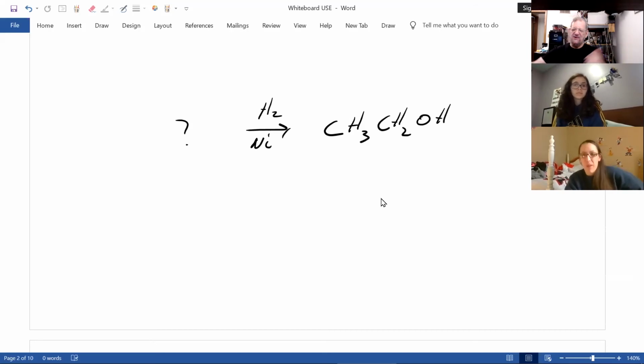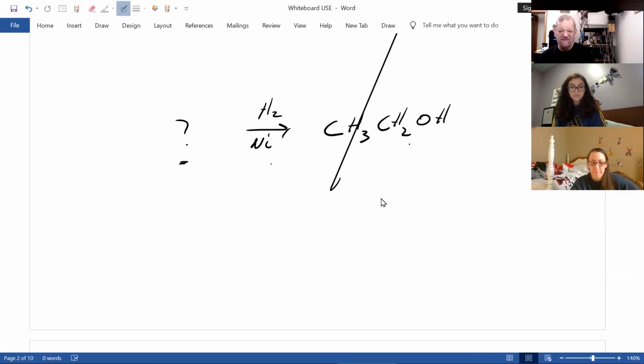All right, looks like everybody's done. Let's take a look at this. And the question is, what do you react with hydrogen and catalyst to make this molecule? What is this? It's an alcohol.